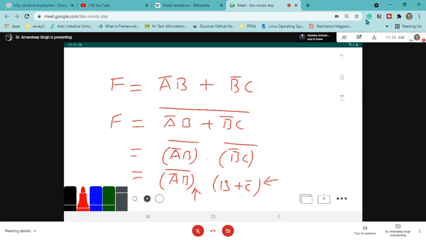But the thing is, here you need to take C bar and A bar also. In the previous one, it is either A, B, C direct, but here C bar is not given. Meaning, you are provided with C, you need to convert it to C bar. So two more inverters are also used.